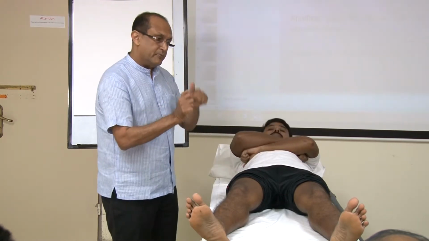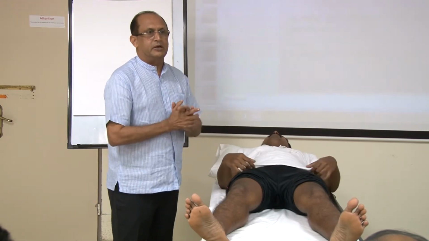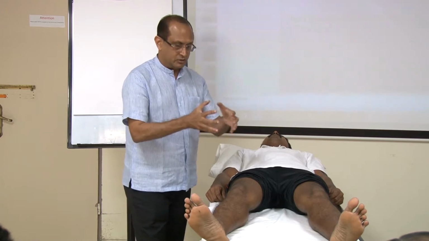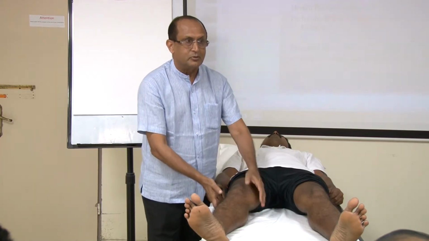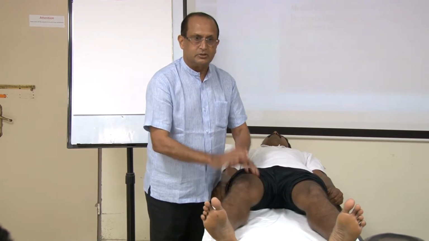So before starting the examination, ask the patient, do you have any pain anywhere? And make sure that he doesn't. If he has a swollen, painful knee joint, then you can tell the examiner, I'm going to be very gentle with this patient because he has pain in the right knee joint.